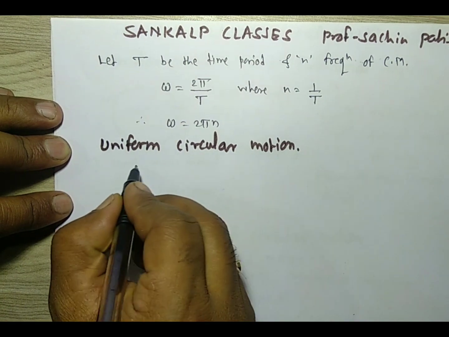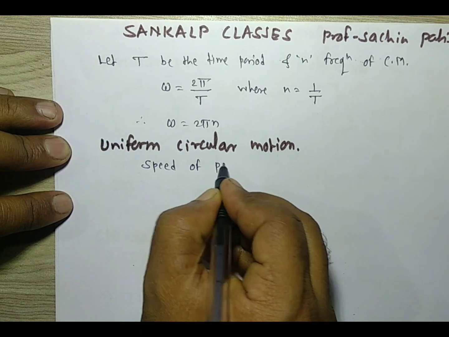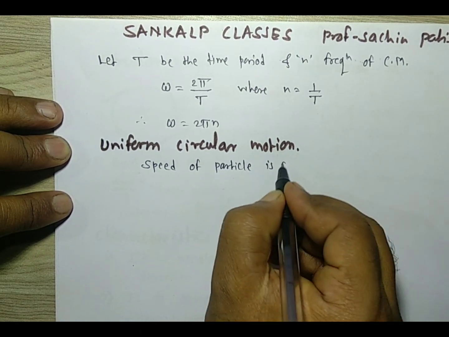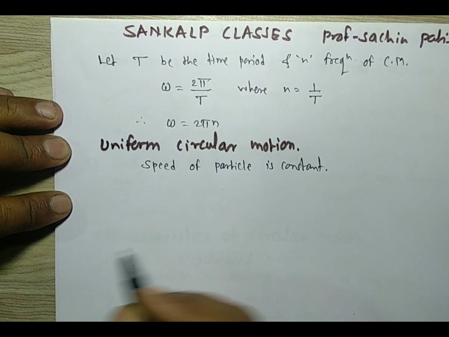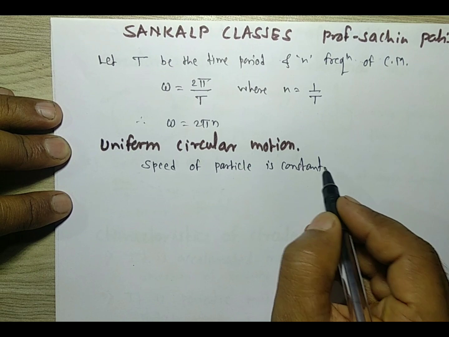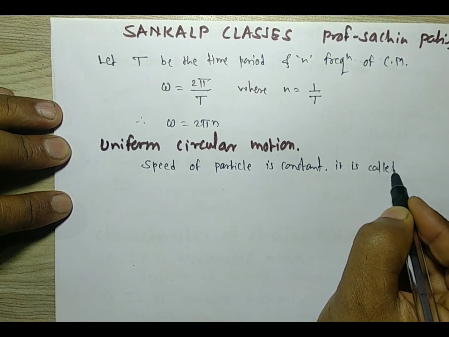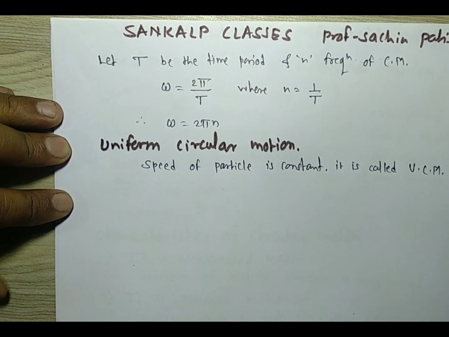In uniform circular motion, the speed of the particle is constant. Speed of particle is constant, then it is called uniform circular motion, U.C.M.